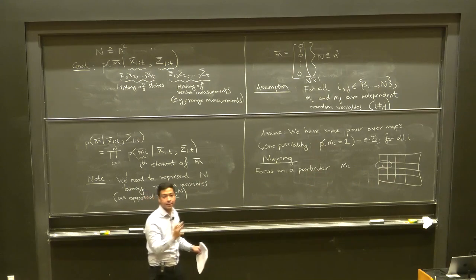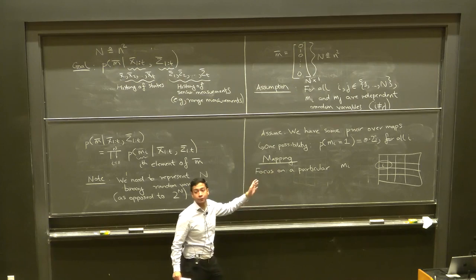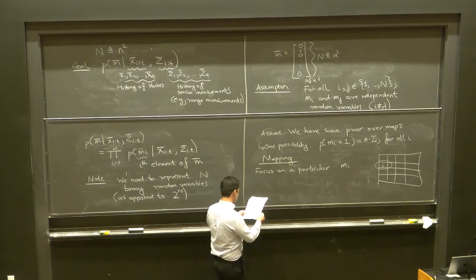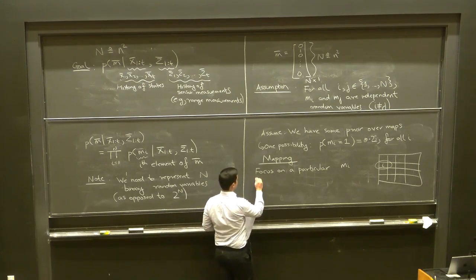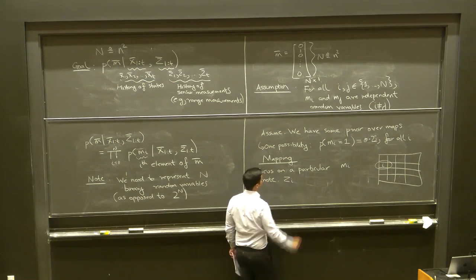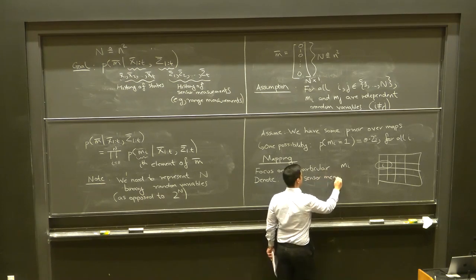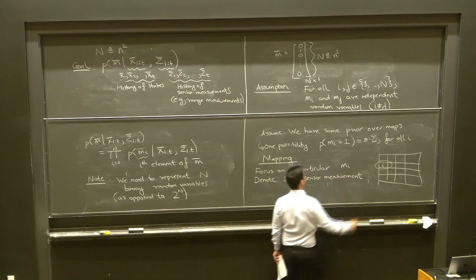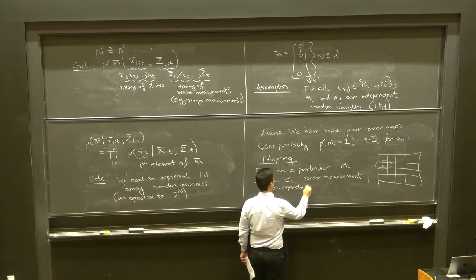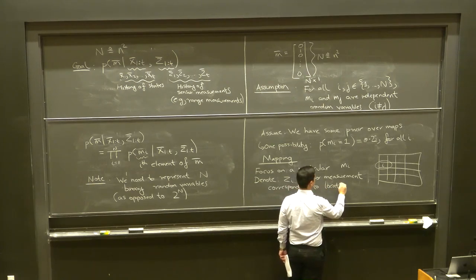Because we're making this independence assumption, whatever I'm going to describe for some ith cell, we're going to do the same computation for all the cells, from 1 through capital N. And then we're going to denote by Zi the sensor measurement, the robot's sensor measurement corresponding to location i, like cell i.